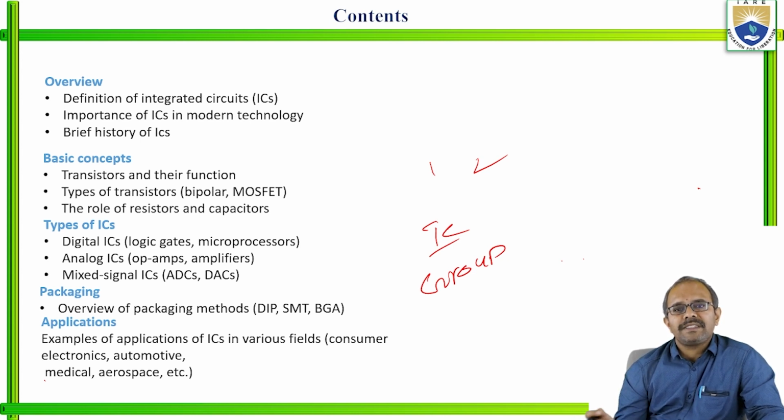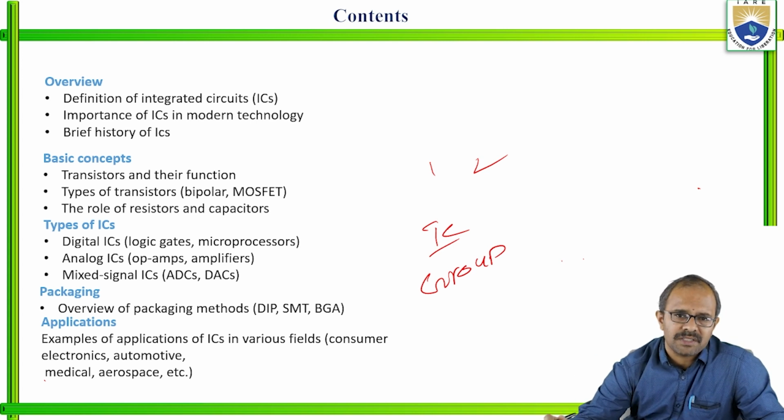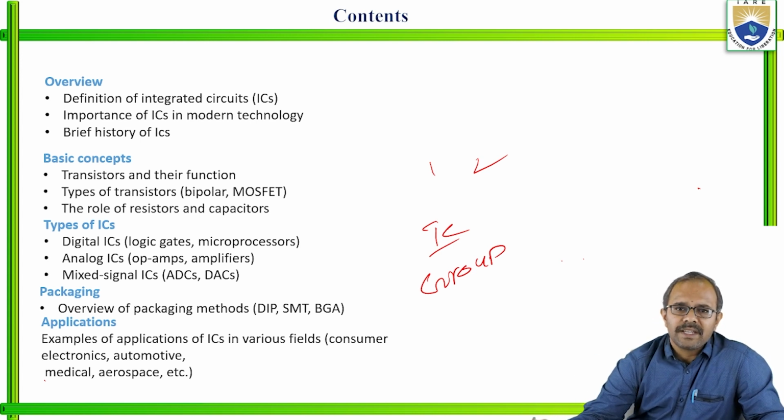So you can imagine technology is evolving every day. It is not by month or by year actually. New products are coming into the market. How are these ICs going to address this? How are these ICs useful in these days actually? Do they find any applications in the recent days or not?